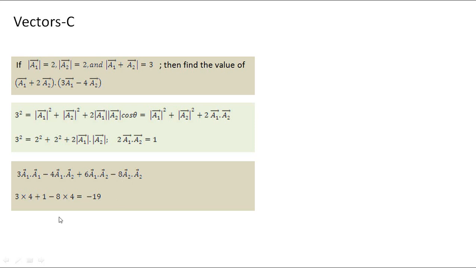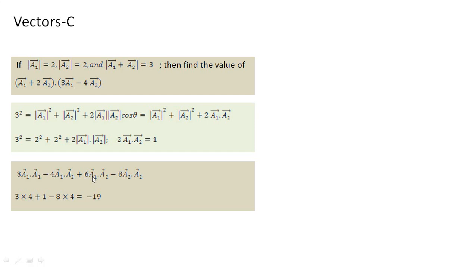Now we simply substitute the values. What is A1 dot A1? It is equal to the square of its magnitude. So 3 into the square of the magnitude of A1, which is the square of 2. So 3 into 4. And this plus this is equal to, see, A1 dot A2 is equal to A2 dot A1. That's why the order has changed here. It follows the commutative property.